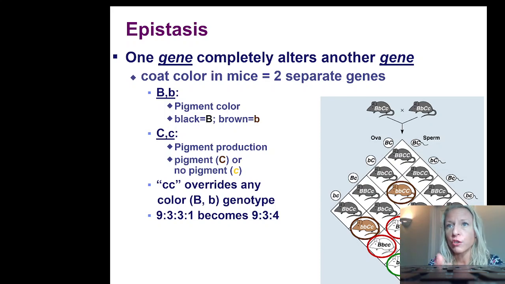But when we do our heterozygote cross for this dihybrid cross, our homozygous recessive little c actually overrides any color genotype. So instead of getting the ratio 9:3:1, we end up with the ratio 9:3:4 because that production gene overrides the actual color itself.